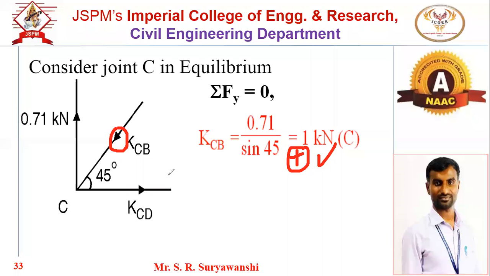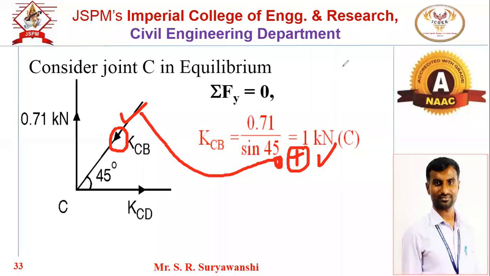Earlier we assumed tensile and the answer was positive, that's why tensile. But here what is our assumption? Compressive. And after the calculation the answer is positive, so the member force will be compressive. What to remember? The direction is correct, exactly.